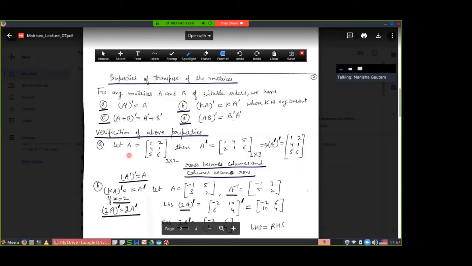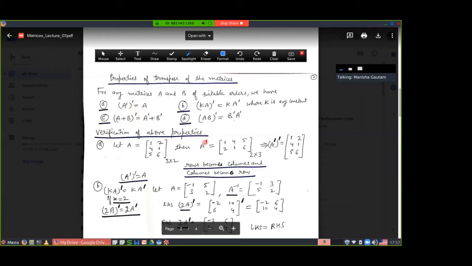Take the matrix A here, having elements like this and order 3 by 2. First of all, calculate A transpose. Each row becomes a column. Order becomes 2 by 3 from 3 by 2. Now from the left hand side, A transpose whole transpose means the transpose of the transposed matrix.